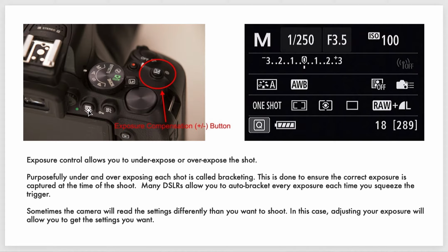The I button, the info button, usually brings up that menu. I will do another video after this that will show you where some of these things are. The camera will read the settings differently than you want to shoot it, and in this case, adjusting your exposure will allow you to get the precise settings you want.